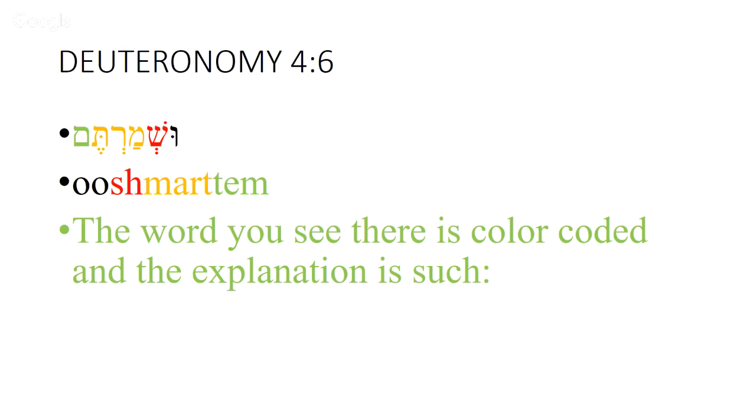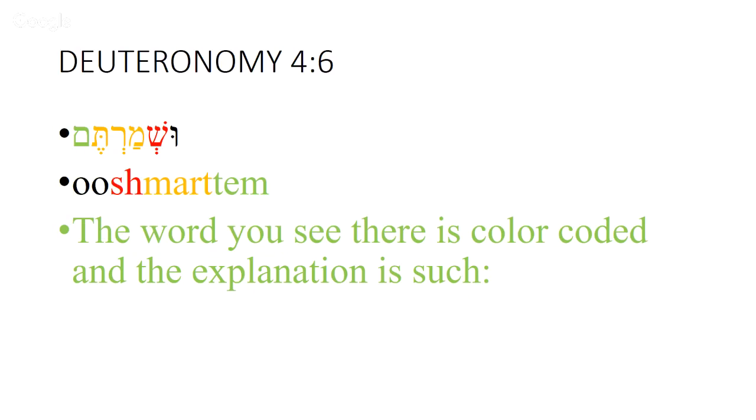All right. And the patach makes the A sound. So that's "ma." The resh, like the shin, has a shva. So the rule with the shva, as we stated, is when you're reading or speaking, you just join it on with the sound before it. So now it is said as "ushmor" and then you continue reading on with the rest of the word.